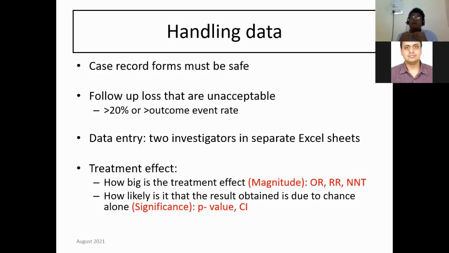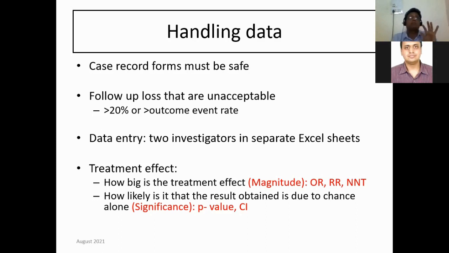So if I just mention the p-value, the journal will send it back to you stating, what is the magnitude of the treatment effect? So please ensure that you commit on the magnitude of the treatment effect apart from the significance of the treatment effect alone. So it is many times important to ensure that magnitude of the treatment effect is also handled along with your significance.